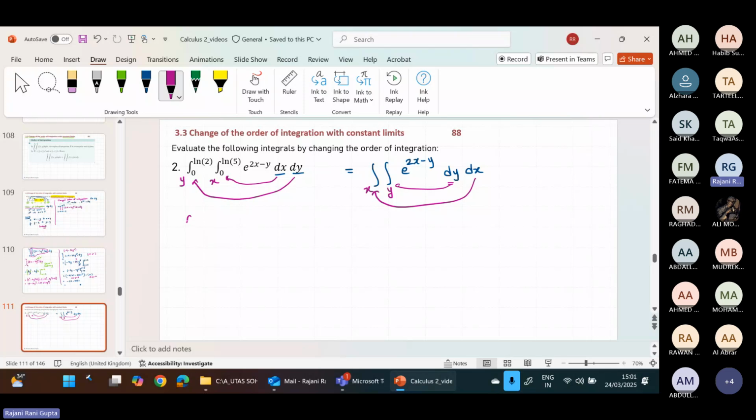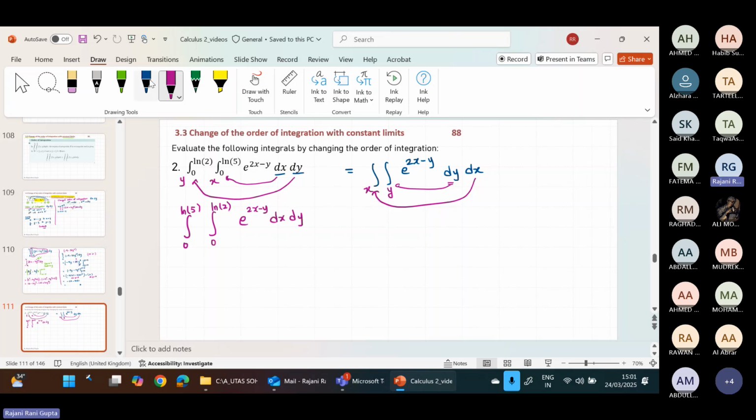So your question becomes integral limits for x is from 0 to ln 5, integral 0 to limits for y, which is 0 to ln of 2, e power 2x minus y dx dy.